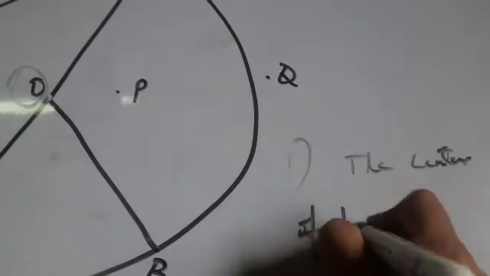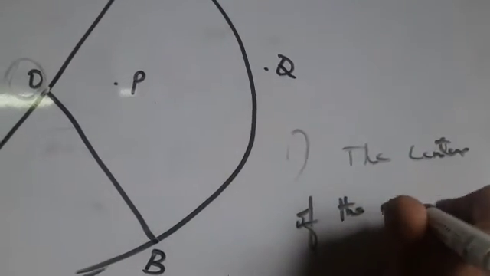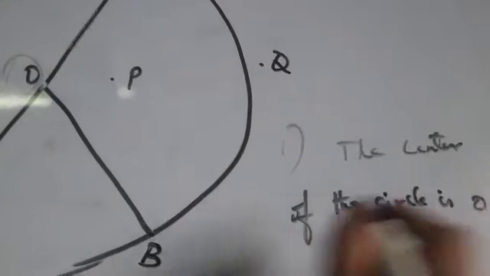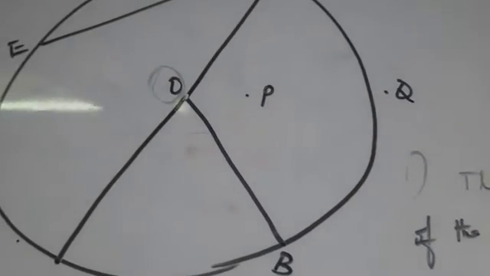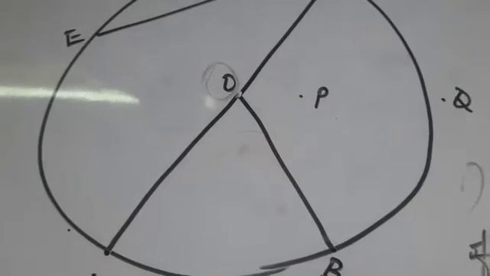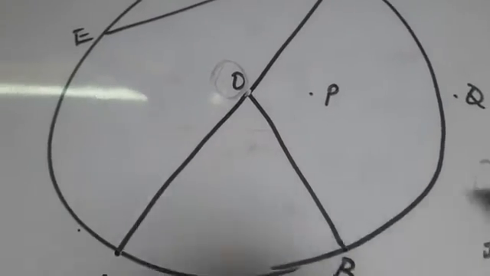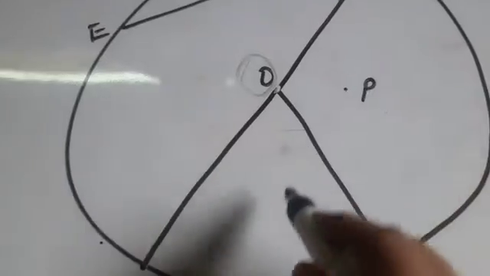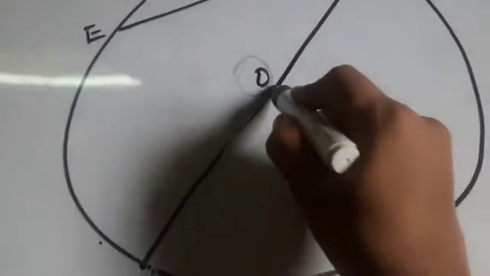The second question is, they have asked 3 radii. Radii is the plural form of radius. Radius means the line segment which connects to the center of the point. O is the center.